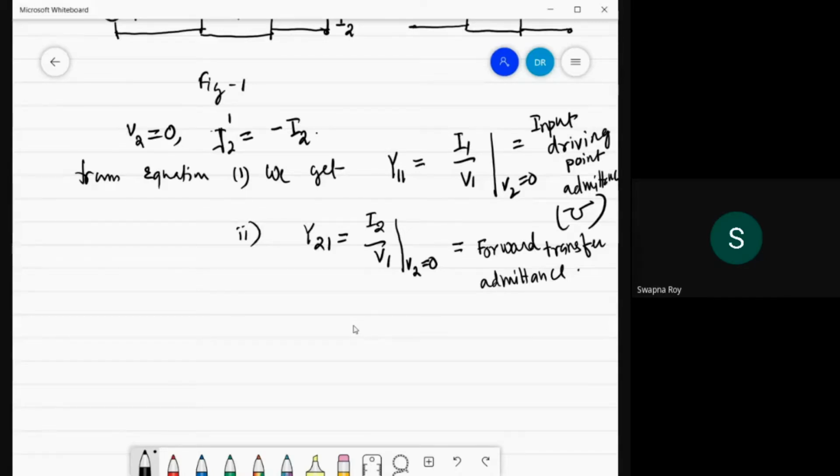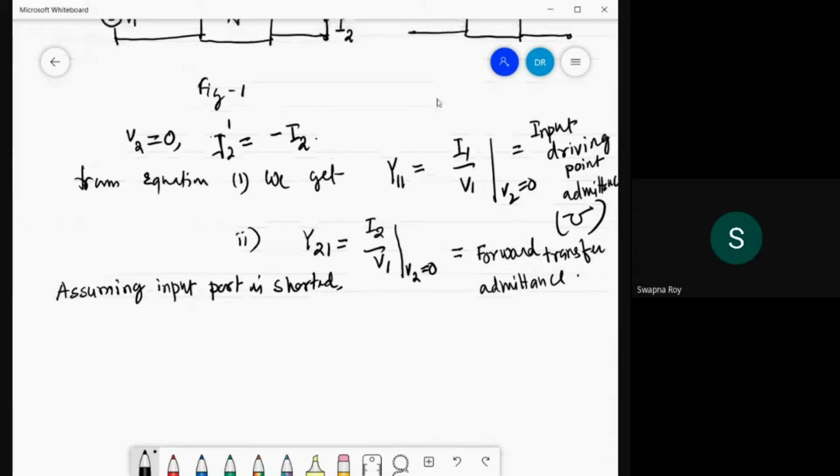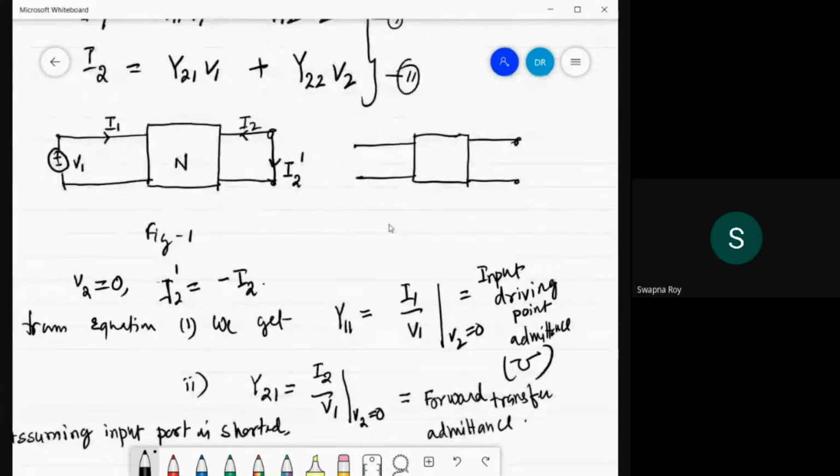Similarly, assuming the input port is shorted. Input port is shorted, that means in this figure, this is shorted.